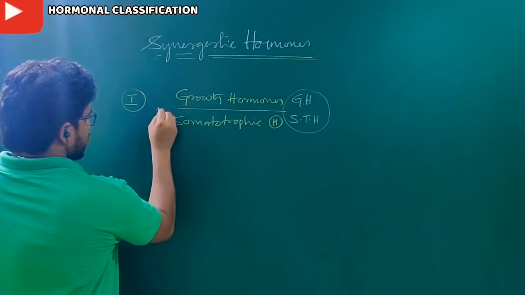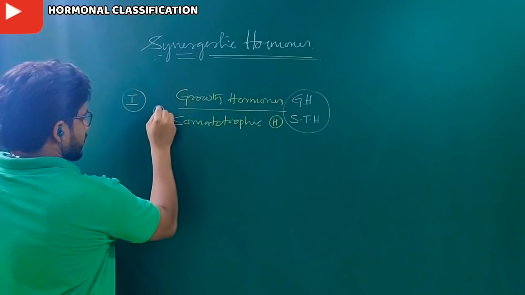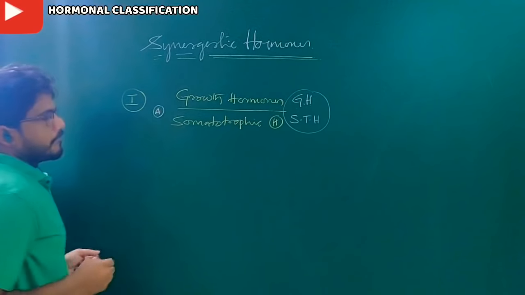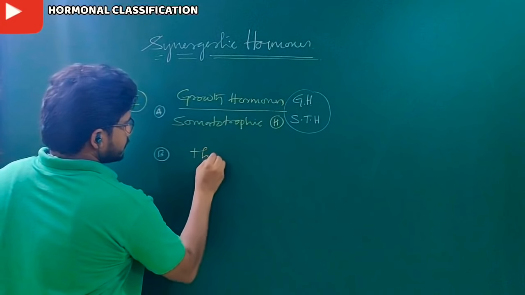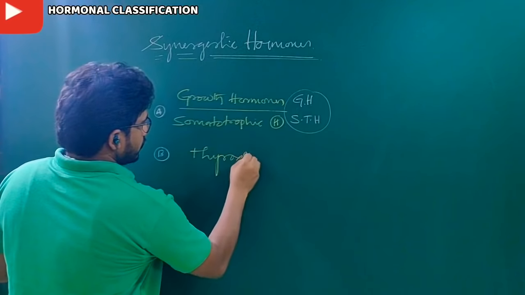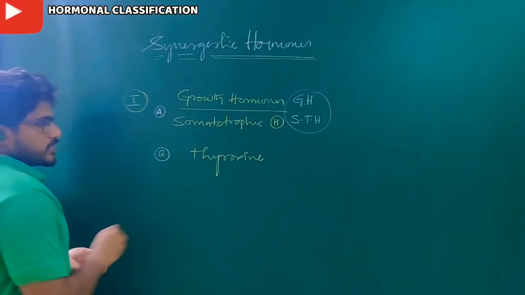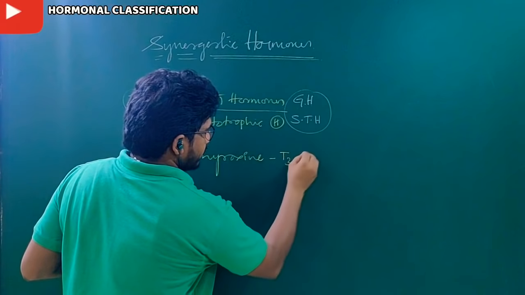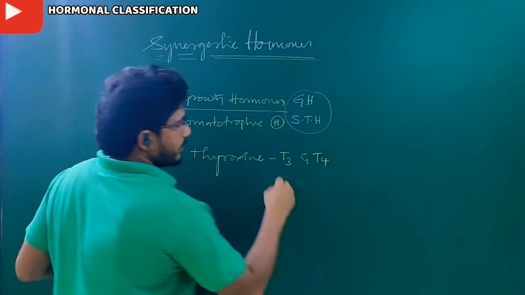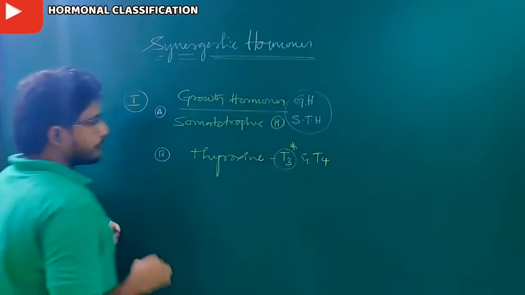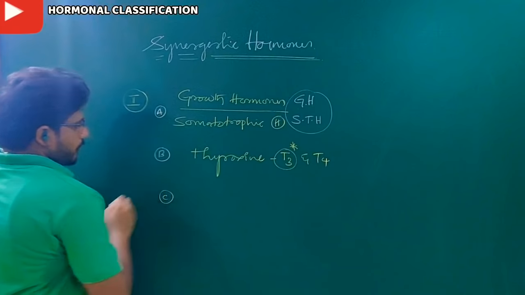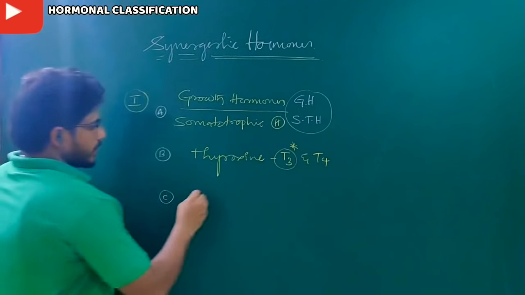This is the first hormone, just think of it as hormone A. And hormone B is thyroxine. This is also called T3 and T4, their forms. T3 is the active form, remember. Another hormone in this list is insulin.